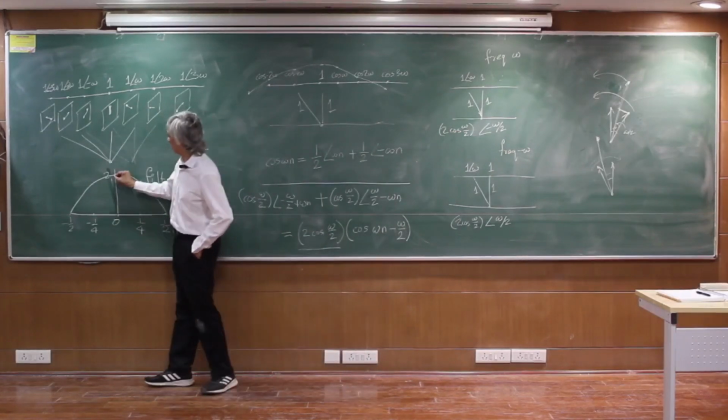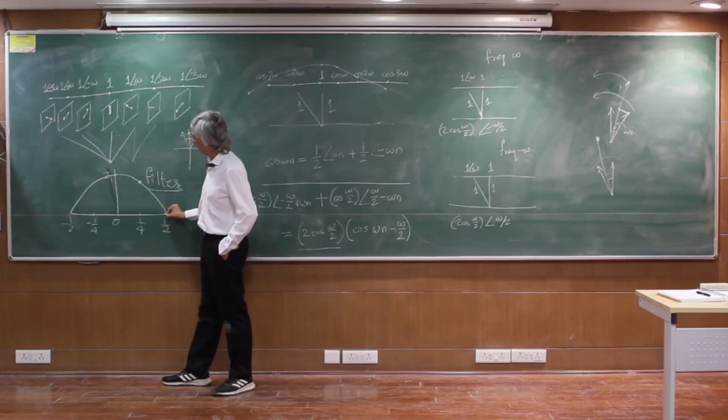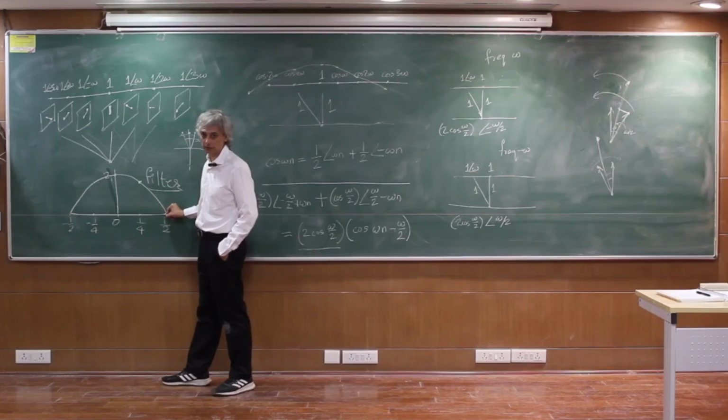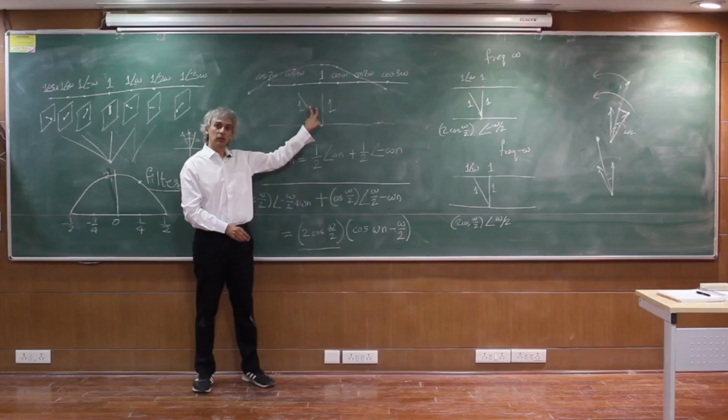This shape is the output amplitude for various frequency spirals for that particular convolution, for this particular convolution rule. Okay.